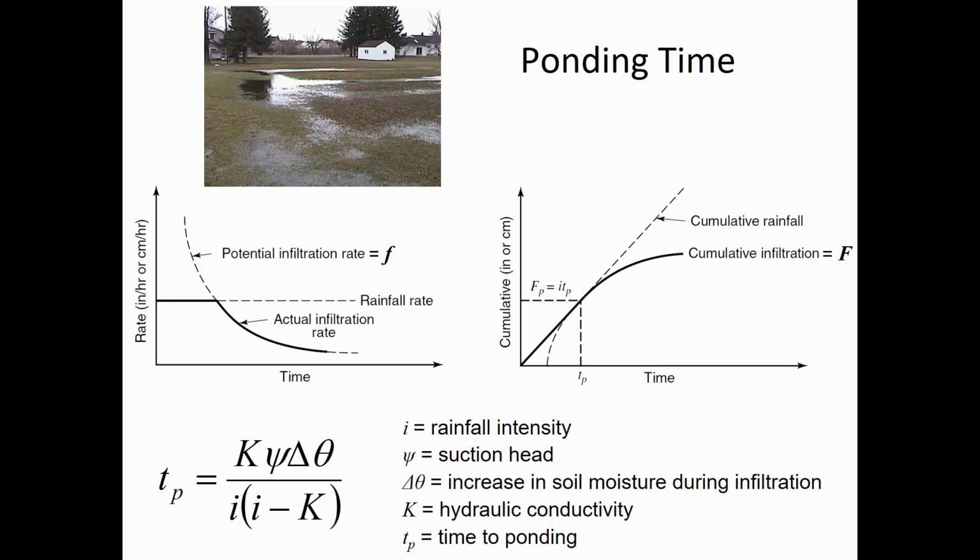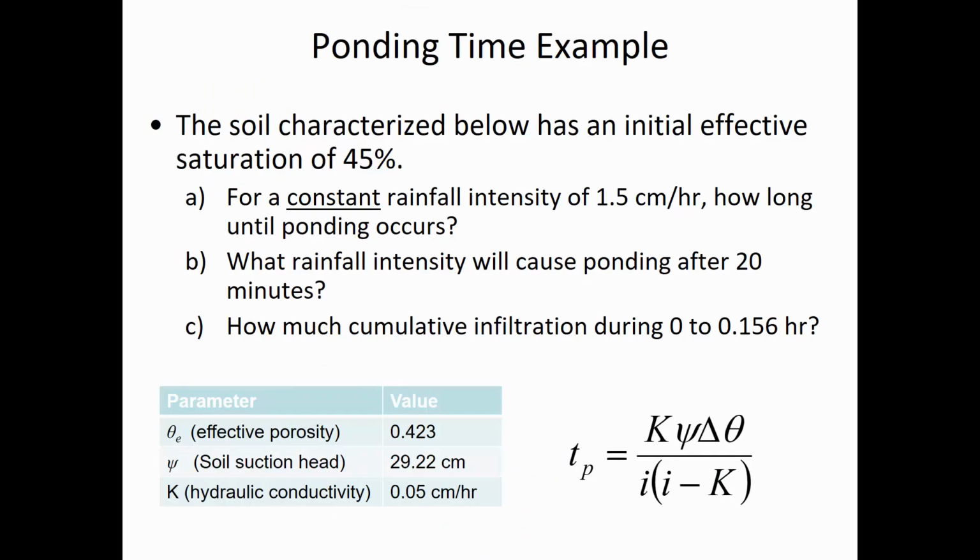So let's do this on the board here for the example that we've just been working. The time to ponding, where we had all of these factors that are shown on the board here. The formula is going to be K psi delta theta over I minus K. Now I was the rainfall intensity.